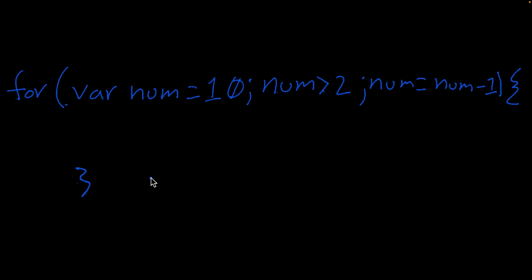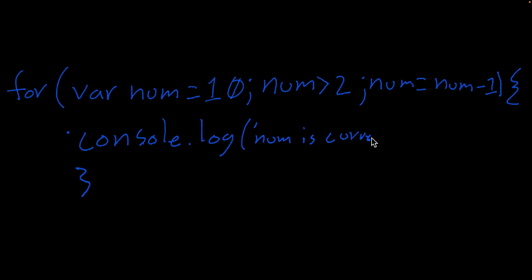And then while we're in here, we want to console log "num is currently" and then we say num.